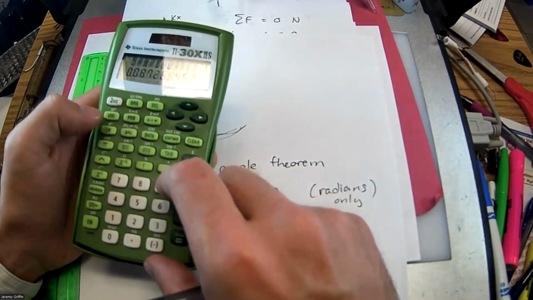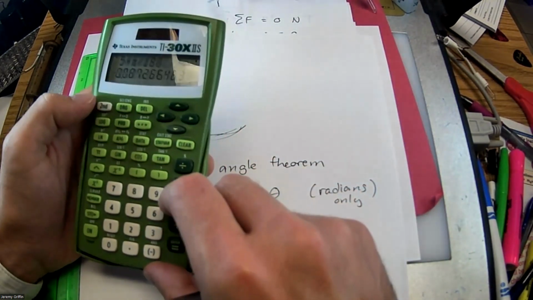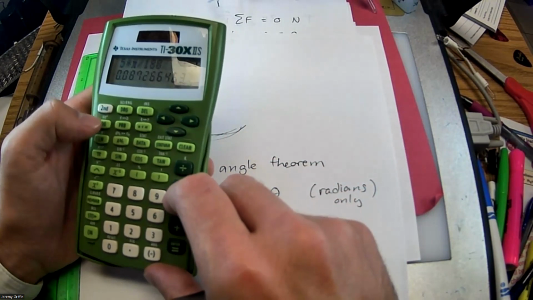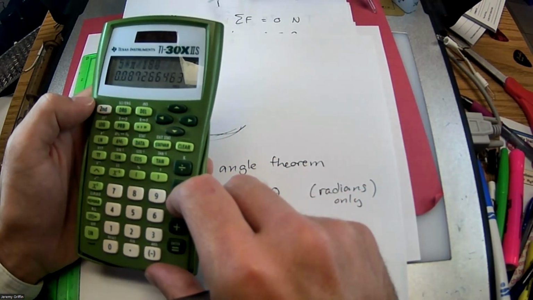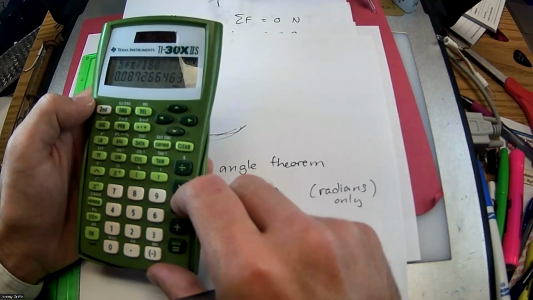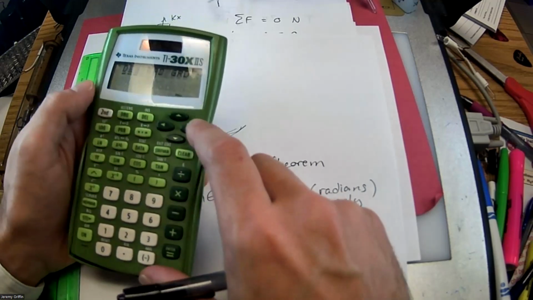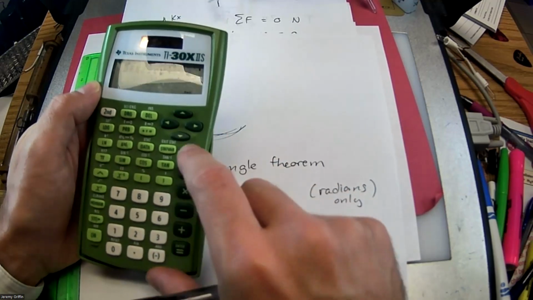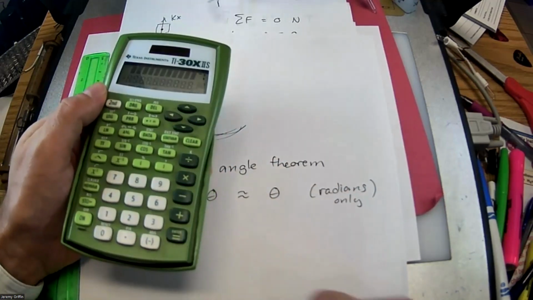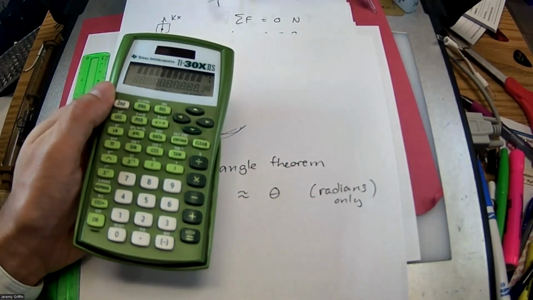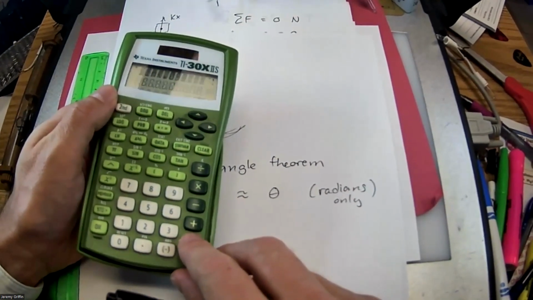Right? What if I do, let me switch my, oh, I haven't done this in forever. Wait, how do I switch from degrees to radians? Oh, here it is, DRG. Okay, let me switch to radians. Okay, and let me put in sine of 0.09. I bet the answer is going to be approximately 0.09. Okay, let's see how close it is.